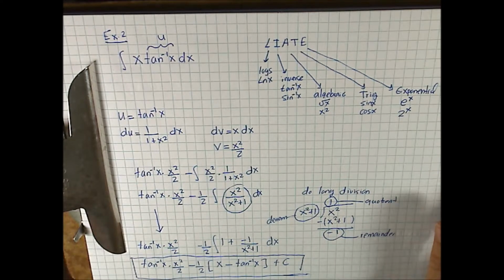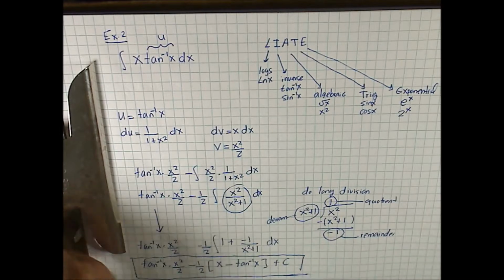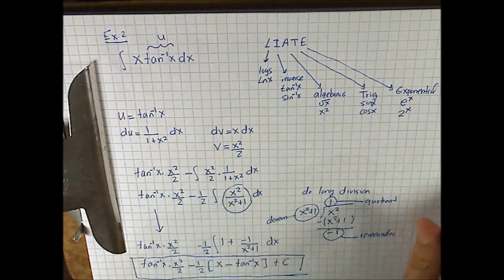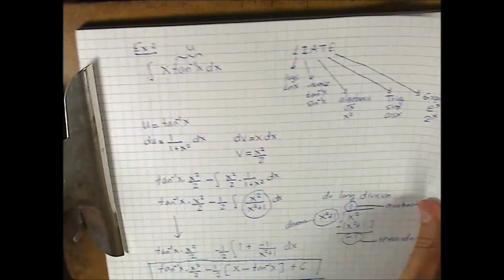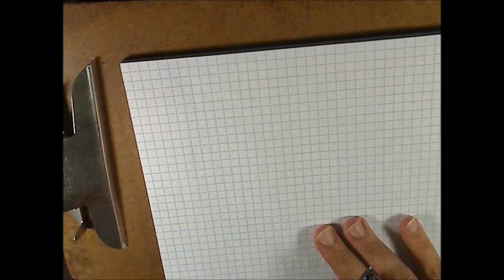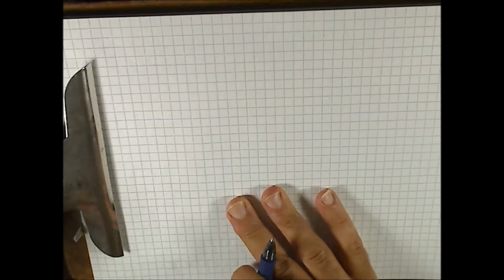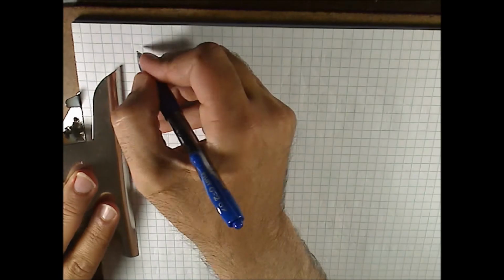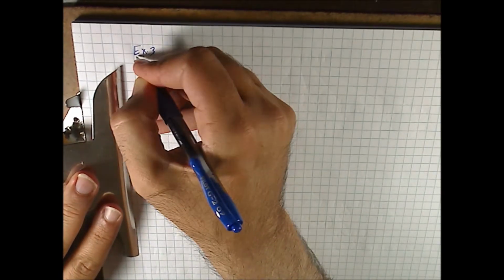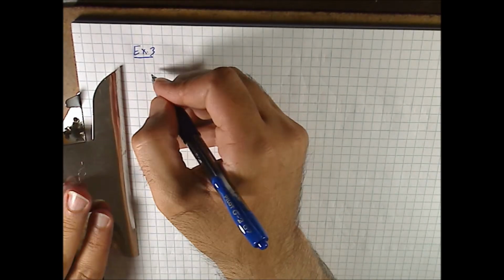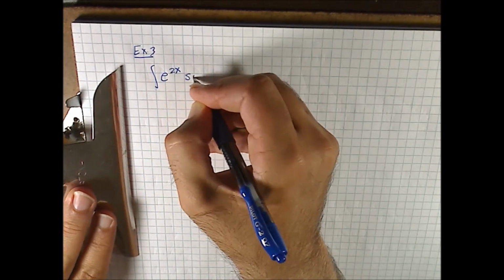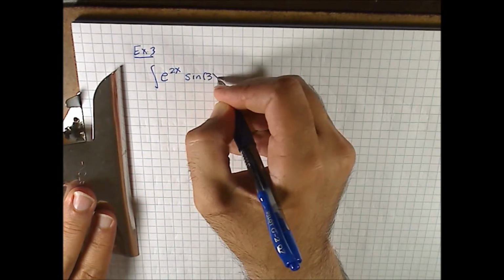Okay, let's do another example. This example is going to be a little bit more difficult, and it involves integration by parts, but it's also a recursive type of example. Okay, example 3. Here we have the integral of e to the 2x sine of 3x dx.